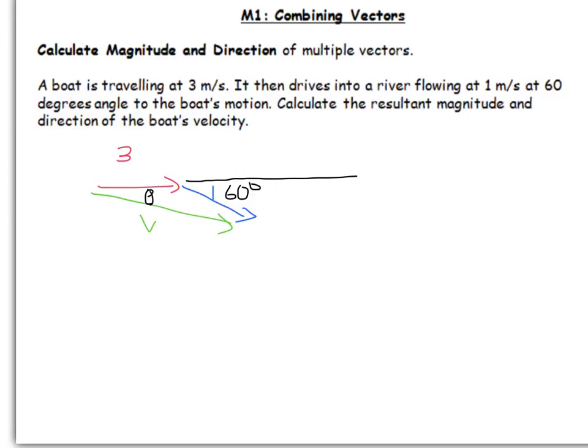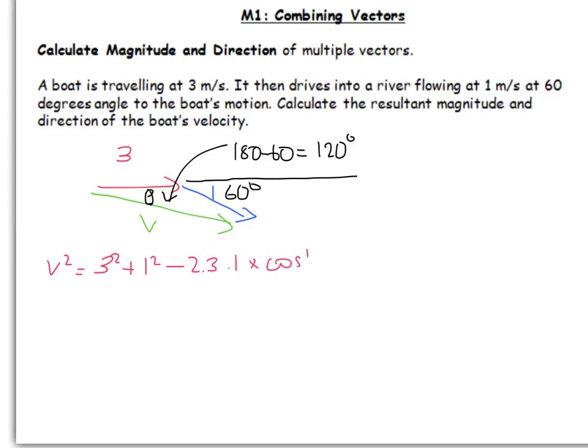So first of all, some key information. Let's do some deduction. This angle in here must be 180 minus 60, which is equal to 120 degrees, because those two angles together make a straight line, if you like. So we've got all we need to employ the cosine rule. V squared is going to be 3 squared plus 1 squared minus 2 times 3 times 1 times the cosine of 120.